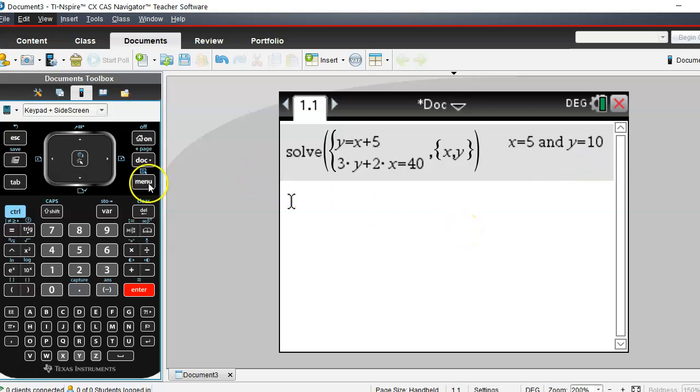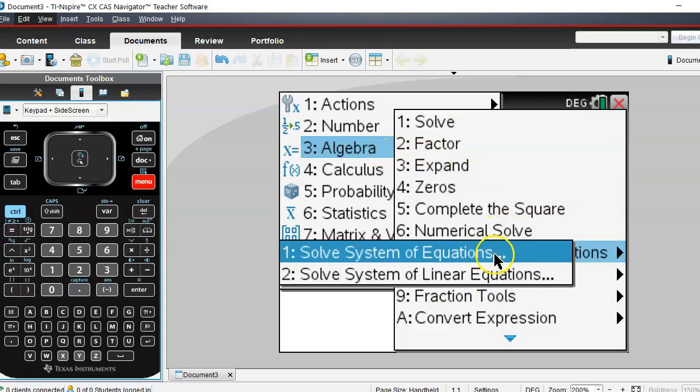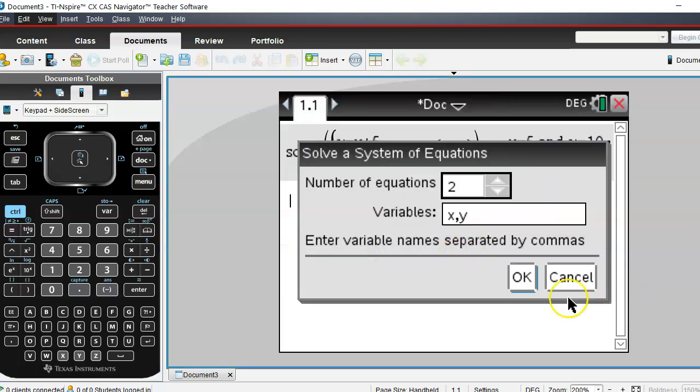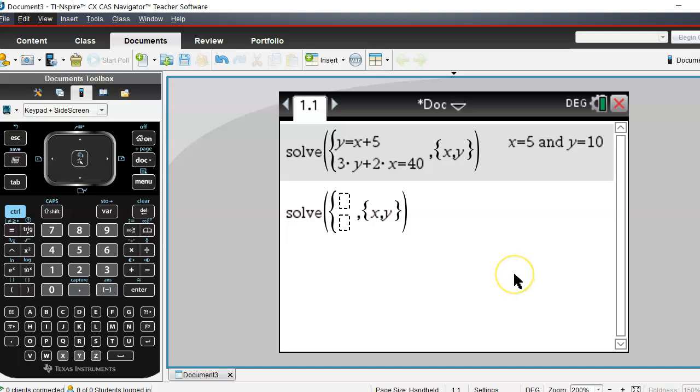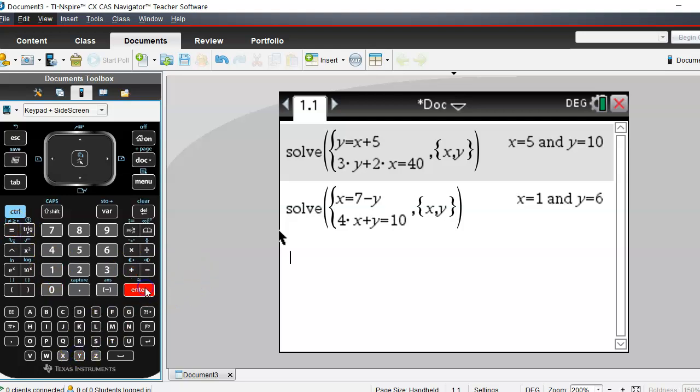And you can do it for the other one also. Algebra, system of equations. There we go. x equals 7 minus y, and 4 times x plus y equals 10. And x equals 1 and y equals 6.